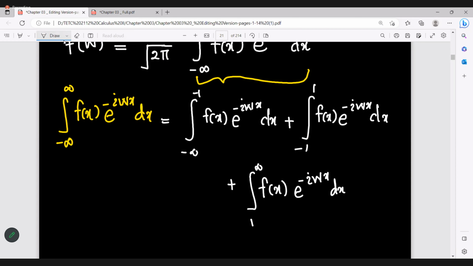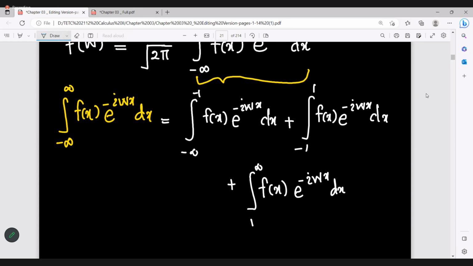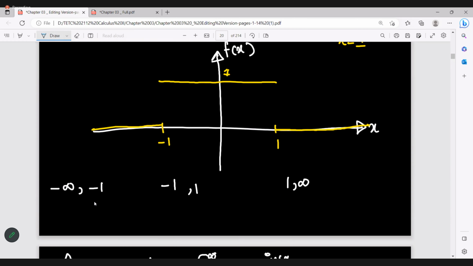And then if we go back to the graph of the function, we can see that for the first piece, starting from minus infinity to minus 1, the value of the function is equals to 0. And for the second piece, starting from minus 1 to 1, the function is 1. Again from 1 to infinity, it's again 0.